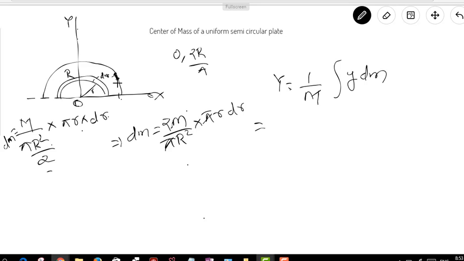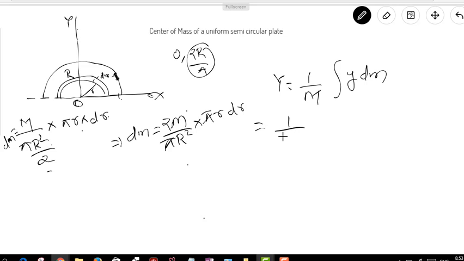As we said in the beginning, we can replace this differential element with a point mass which is at a distance of 2r by pi from the y-axis.